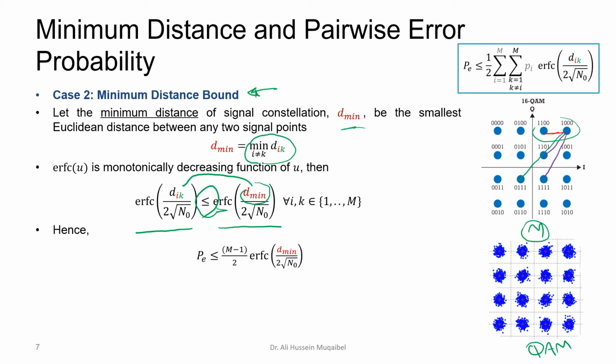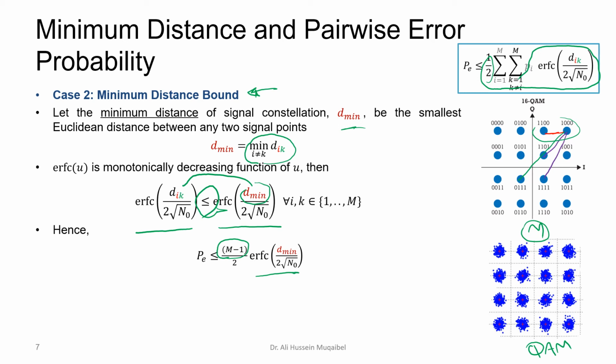Now we can go back to our bound. Instead of the summation, we'll assume that all of them have the worst case, and then it's half times the error function. This comes from the original expression, and then we're going to assume that they are all the same, and that will give you M minus 1. So for all possible cases, we have M minus 1 of these when we sum.